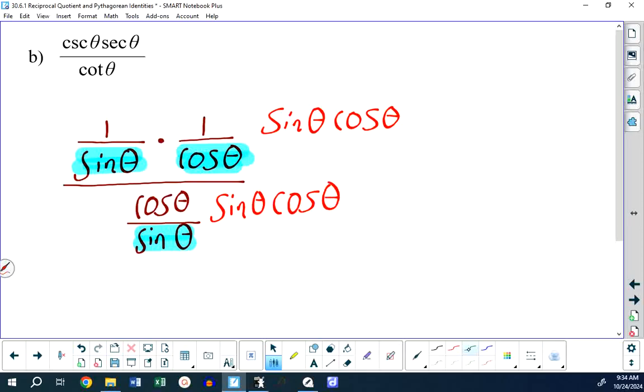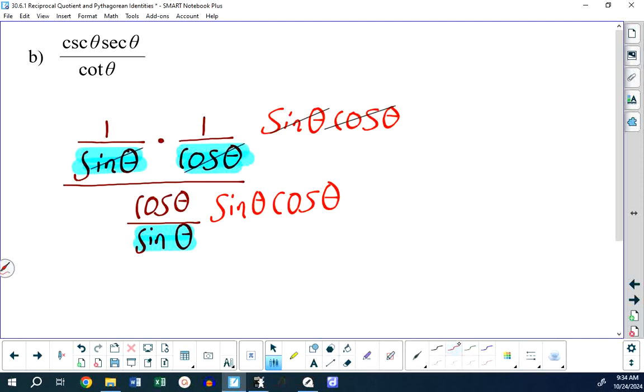And now I focus my attention on the top. Well, I'll just ask this question. How many of you see, I'm going to go out on a limb here, that this is secant squared of theta? How many of you see that it's 1 over cos squared of theta? After all the canceling is said and done, cos cancels with cos, sine cancels with sine.